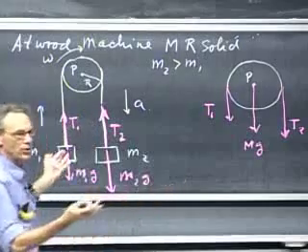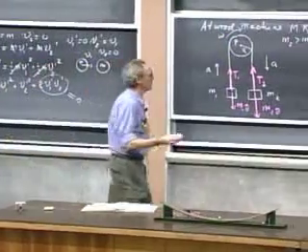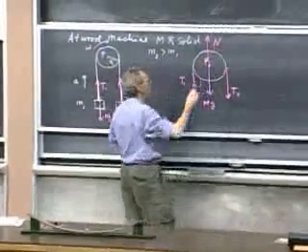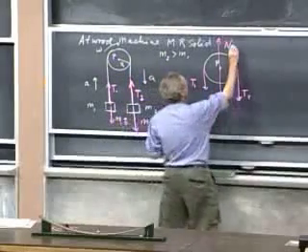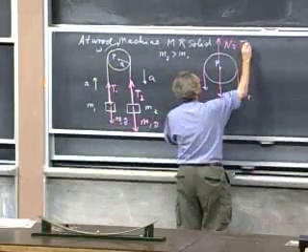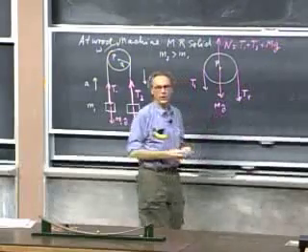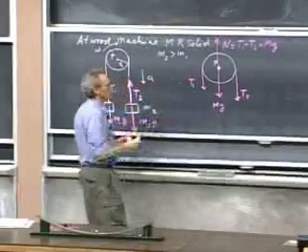The sum of all forces on the pulley must be 0, otherwise it would accelerate itself down, which it doesn't. And so there has to be a force up, I will call it N. And that force N has to cancel out all these three forces. So that must be T1 plus T2 plus mg. We will not need it any further in our calculations, but there has to be a force to hold that in place, so to speak.